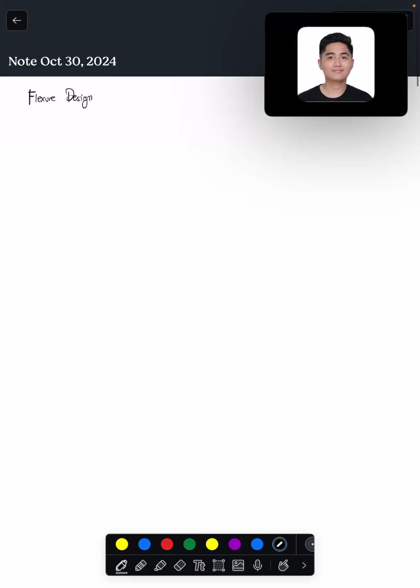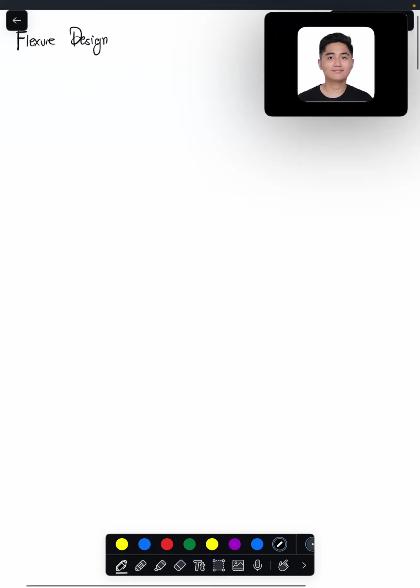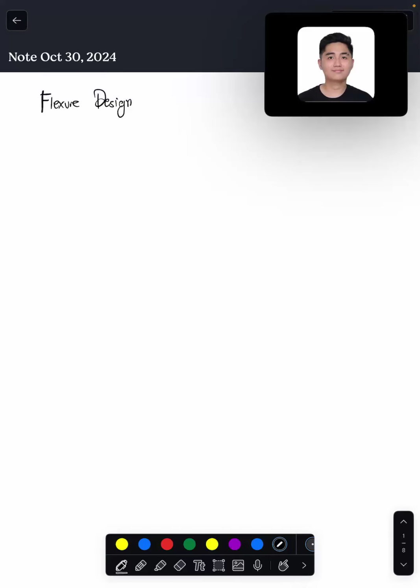So reminder lang ulit. So now after dealing with trust members, we deal with syempre ang conditions nga natin for trust members is dapat walang shear and walang moment. Because pag nagkaroon ng shear and kapag nagkaroon ng moment, we have to proceed into what's called flexure design.